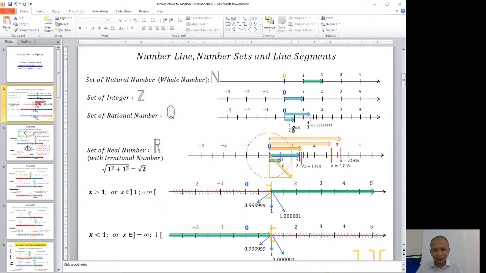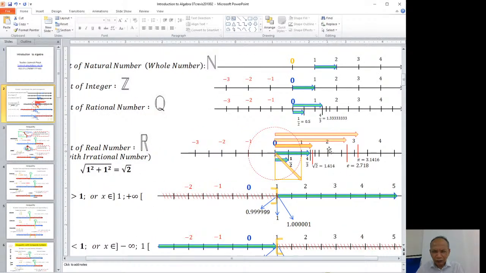It's a fractional number like this. 1/2 is 0.5. 4/3 is 1.3333.